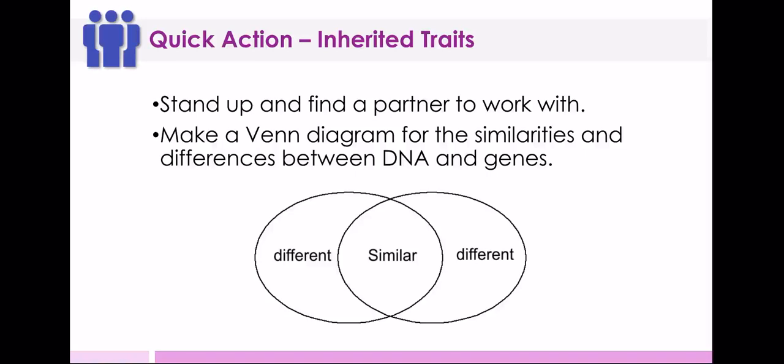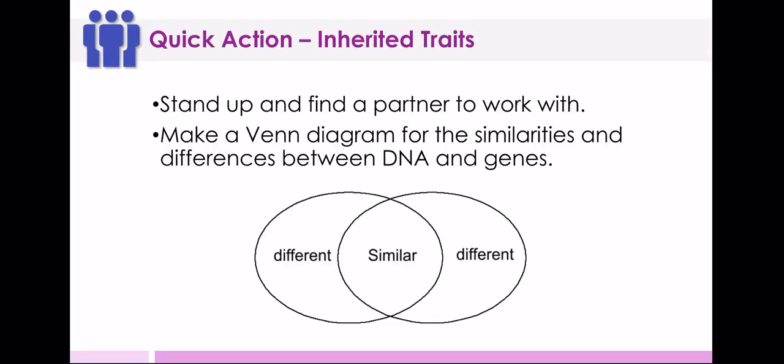All right, so let's take another break. I'm going to give you a little activity. So stand up, find a partner to work with if you have one. If not, you can do this on your own, but you may need a scratch sheet of paper and your pencil again, but make a little small Venn diagram, set it up like the picture here, and see if you can list the similarities and the differences between genes and DNA. And I'll give you a minute or so to work on this.